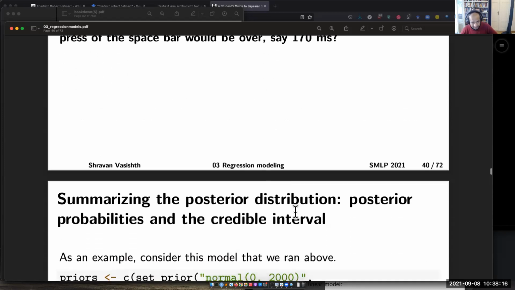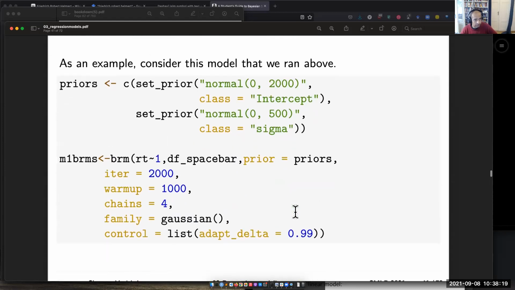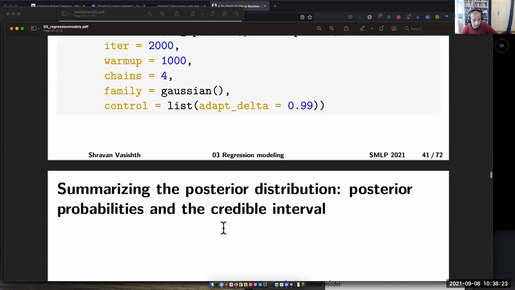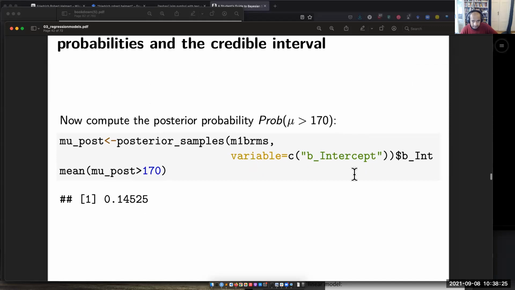Those kind of questions you can ask, right? And so the way you would do that is that you fit the model to the spacebar data. This is just repeating the code. Extract the intercept. Okay, I'm extracting the intercept here. I can calculate the mean, and I can figure out the proportion of times that the posterior is larger than 170.